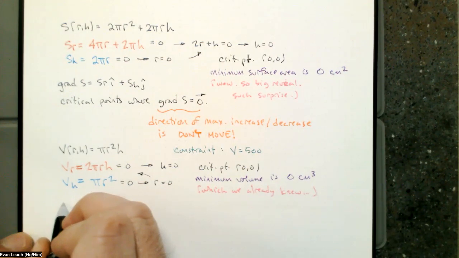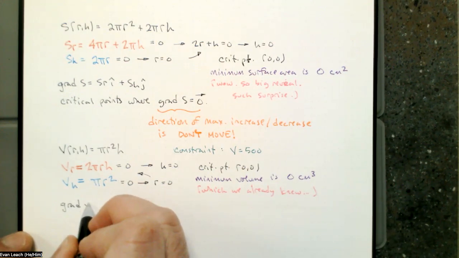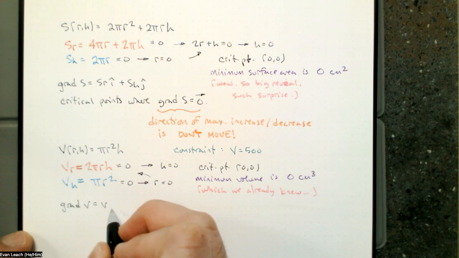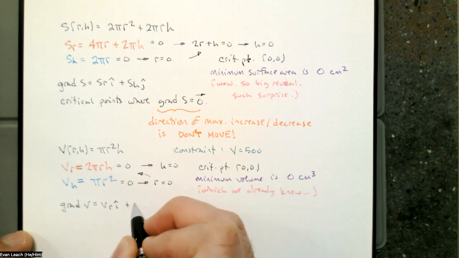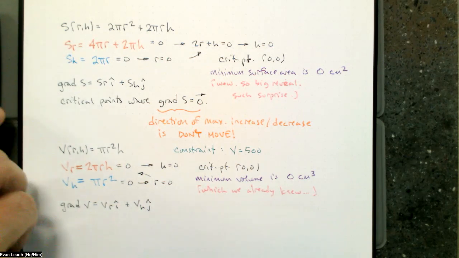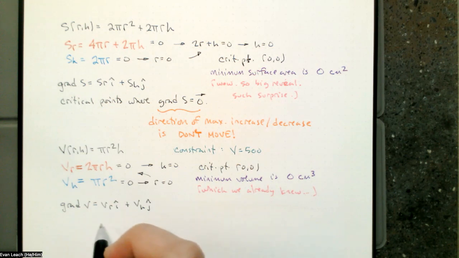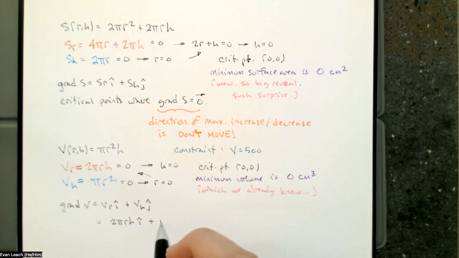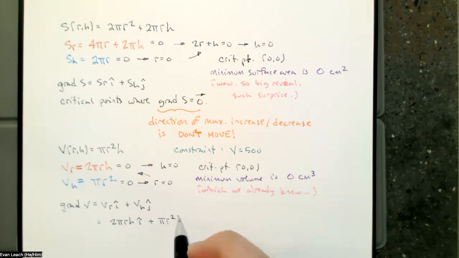Our gradient of V is going to be V_R in the I direction plus V_H in the J direction. And our critical points happen when the gradient of V is equal to 0. I didn't write down what the gradient of S was. So our gradient of V is going to be 2 pi RH I plus pi R squared J. That's our gradient of V.